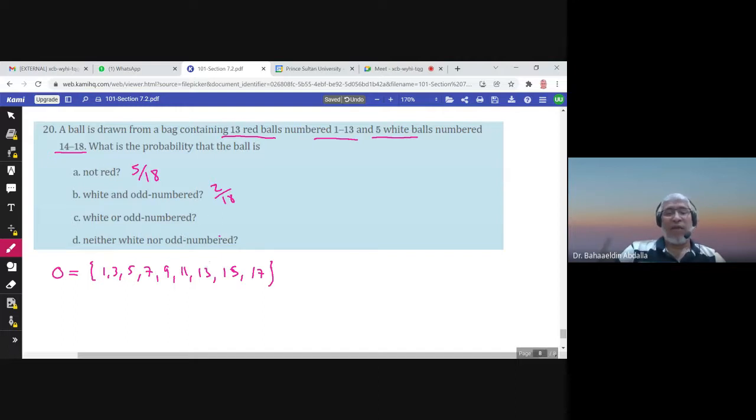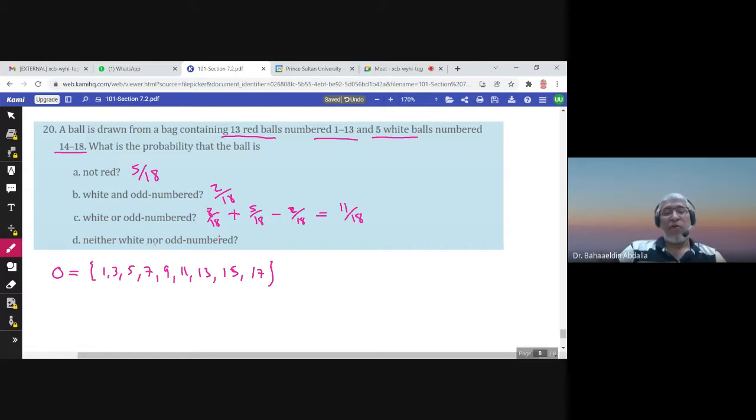I have 8 over 18, this is probability of odd, plus probability of white, I have 5, minus probability of odd and white. How many odd and white? 2. So the probability would be 8 plus 5 minus 2, 11 over 18.